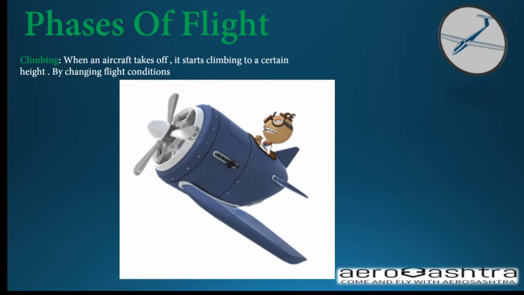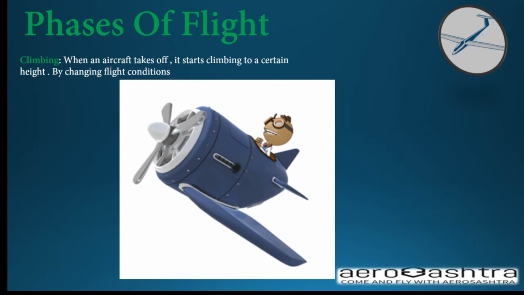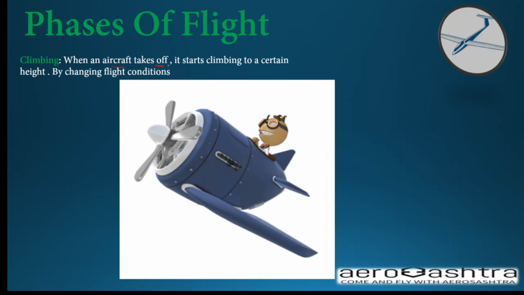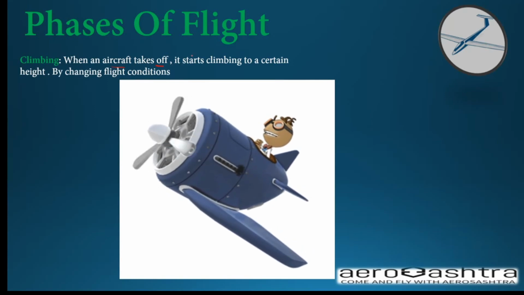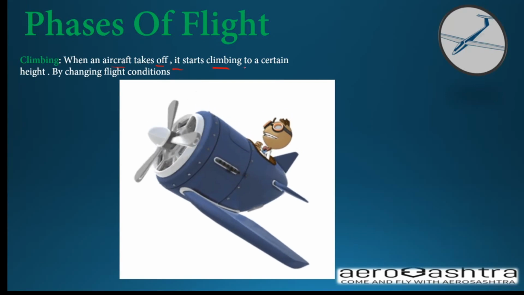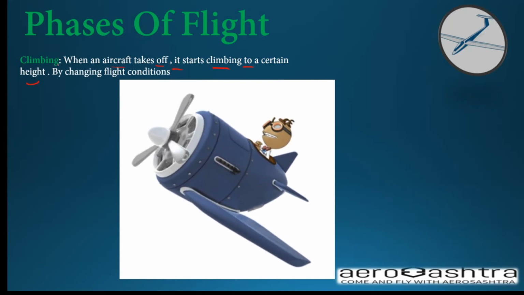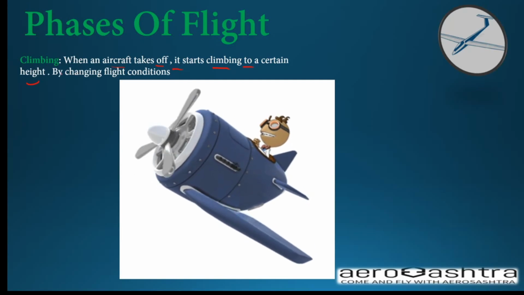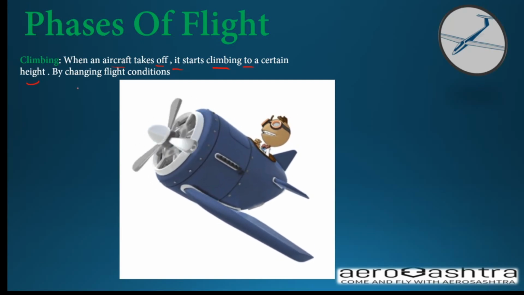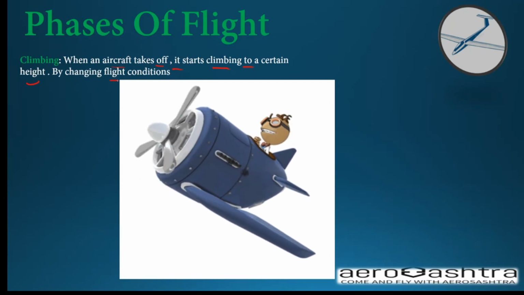In this phase it is the climbing phase. When an aircraft takes off, it starts climbing to a certain height. In the first slide I showed you what height. For cruising, it has to attain a particular height by changing flight conditions.